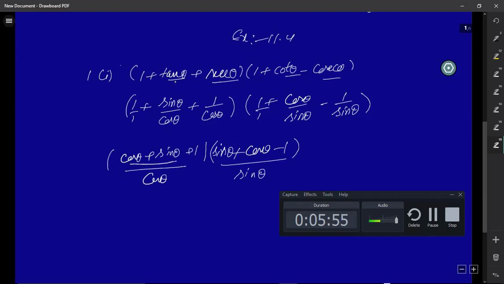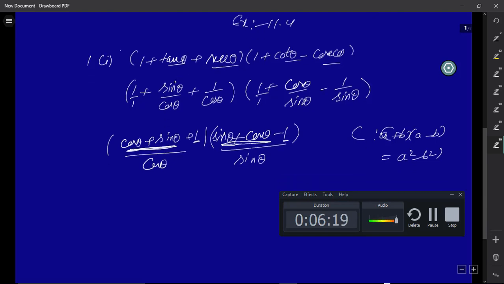Let us just reconsider this thing here. This is sin theta plus cos theta. This is also sin theta plus cos theta. Now this is 1, this is 1. The only difference is here we have plus, here we have minus. So this is in the form of a plus b into a minus b, which is a square minus b square.